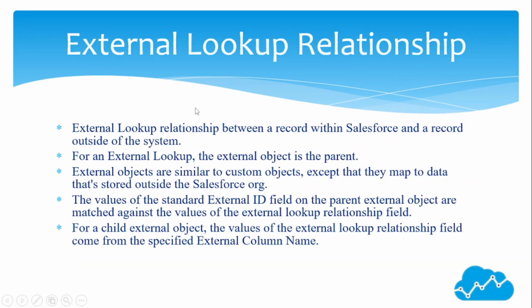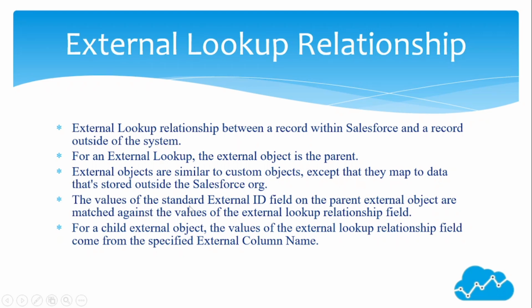External lookup relationship links a record within Salesforce and a record outside of the system. For an external lookup, the external object is the parent. External objects are similar to custom objects except that they map to data that's stored outside the system.